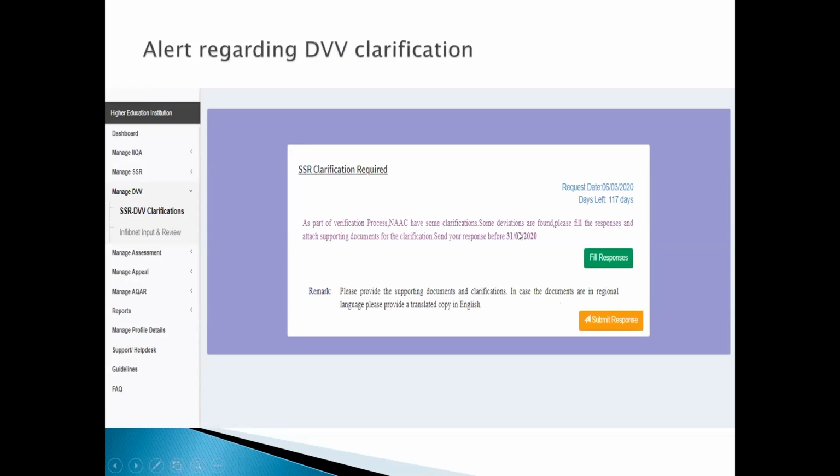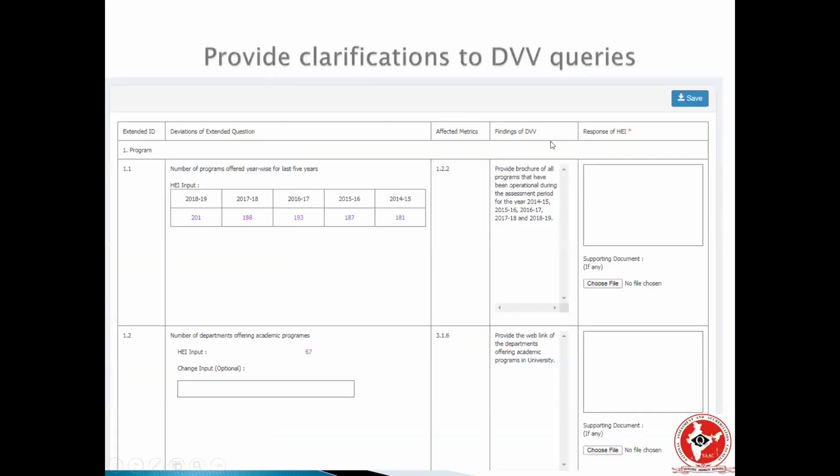So the timeline is here. The query is raised. If you click on it, the fill responses, that means you are responding to the queries raised. And the timeline and the documents have to be in English language along with the original documents. So if you see, this is an extended profile question out here, number of programs offered. These are the values given by the institution.